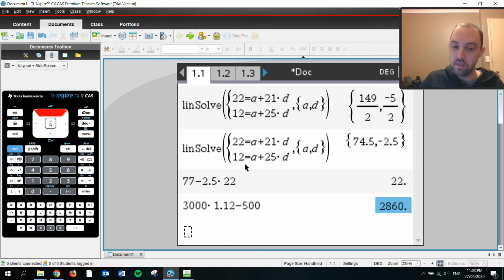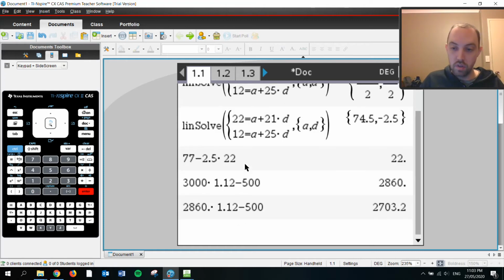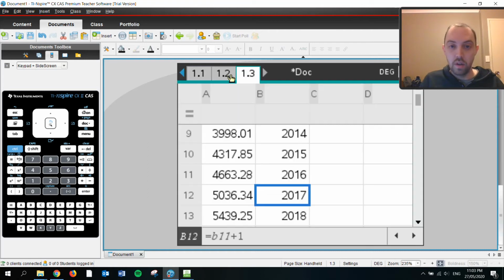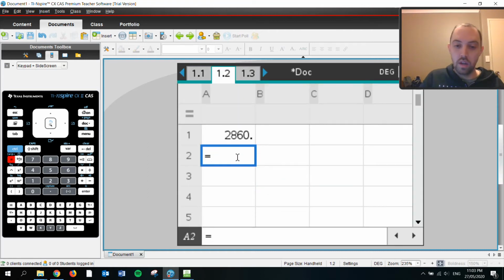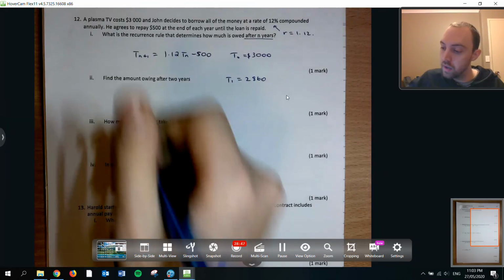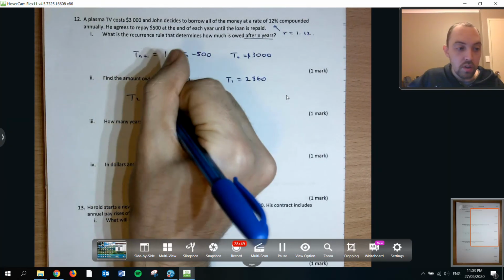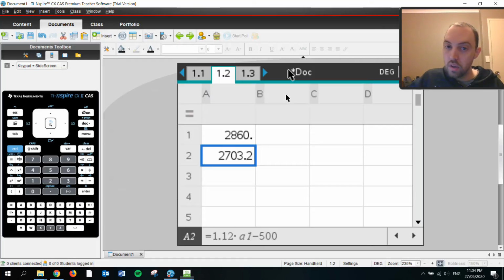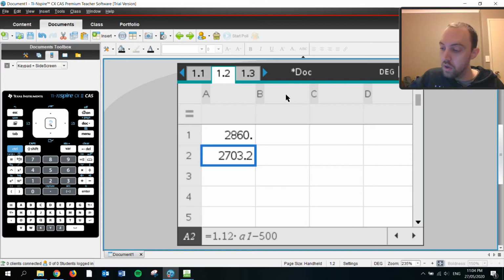Now I'm going to take this answer, times by 1.12, take 500, there's my T2, but again, I'm going to set it up, 1.12 times A1, take 500 in here, because I'm likely going to have to do more with this. This is in the second part. T2 is equal to 2,703.20.